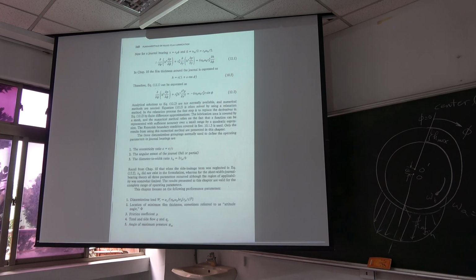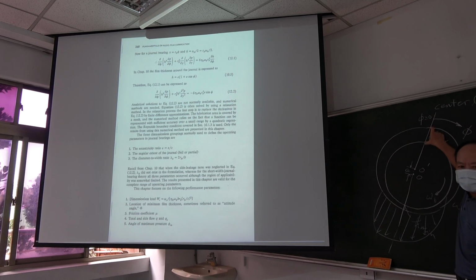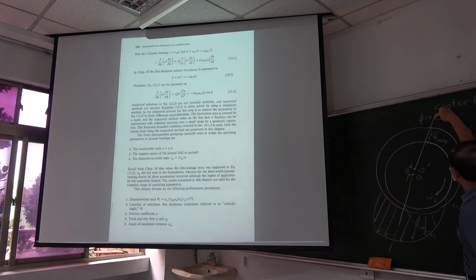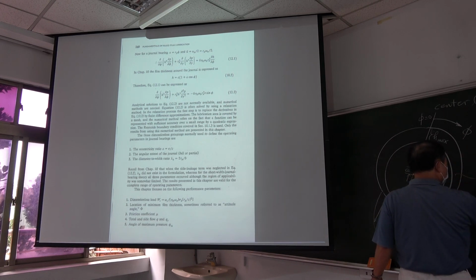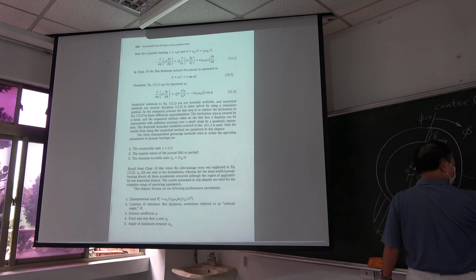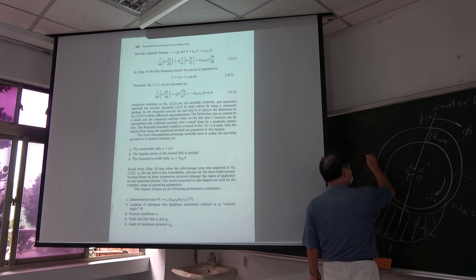In this case, your phi equal to 0 is defined at the location of maximum thickness, right? In this case, phi starts from this position, phi equal to 0, and then goes in this way. So this is the converging area. This is the divergent area.